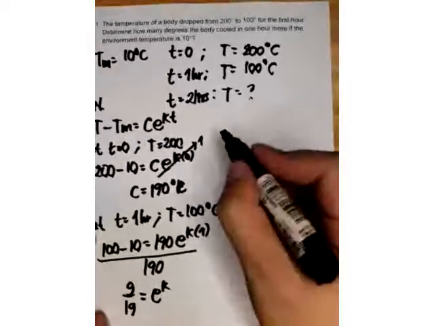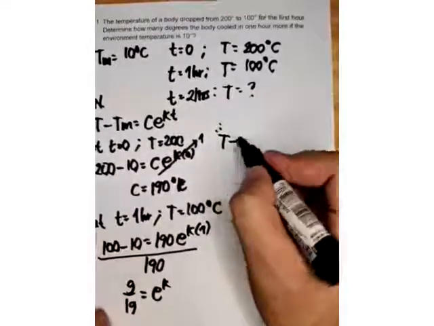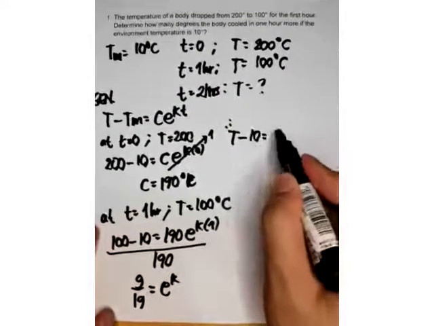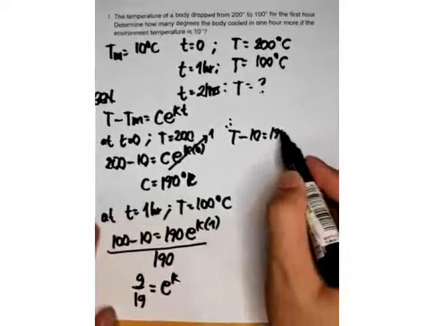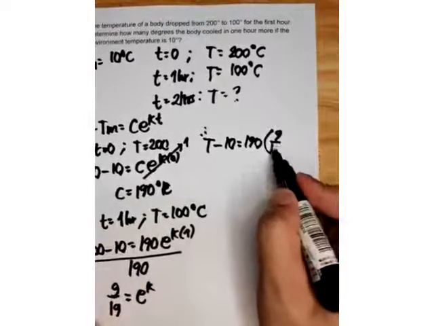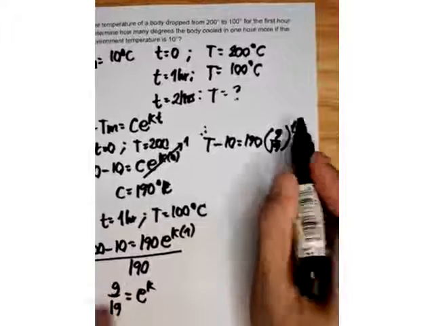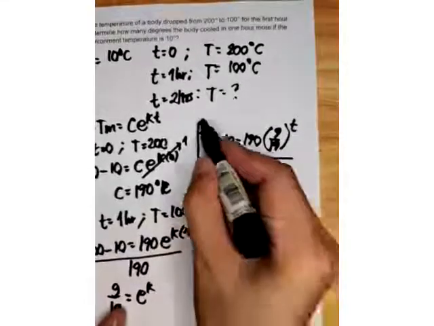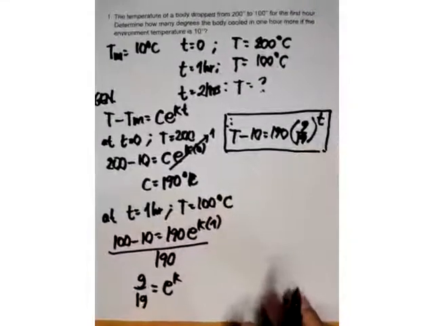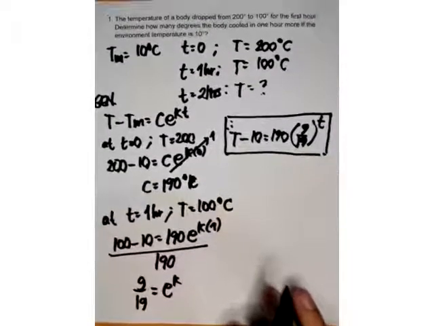Okay, therefore our formula is T minus 10 is equal to 190 times 9 over 19 raised to t. This is our formula for this condition of the body and the environment.